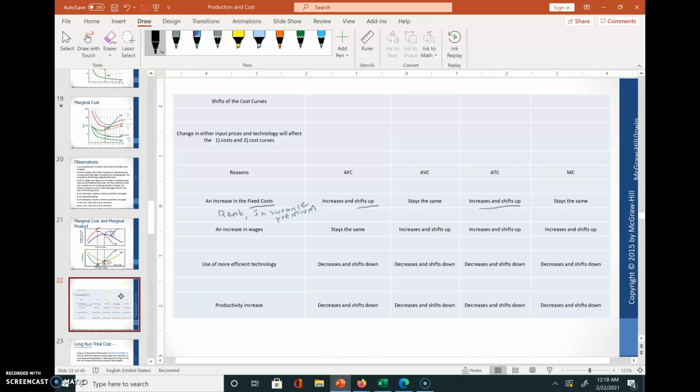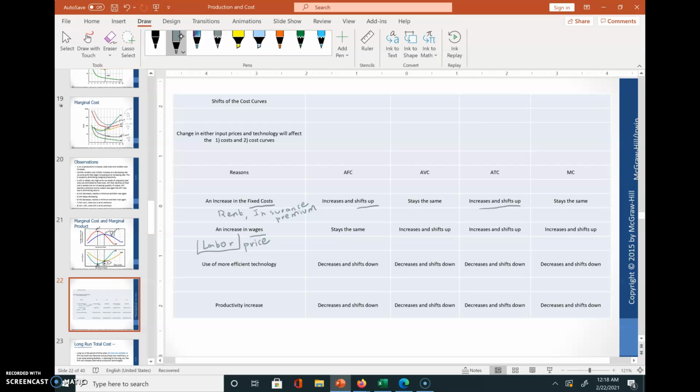All right, the next one, let's say there is an increase in wages. That means there is an increase in the price of labor. And this labor is a variable factor of production. That means this can either go up or go down.